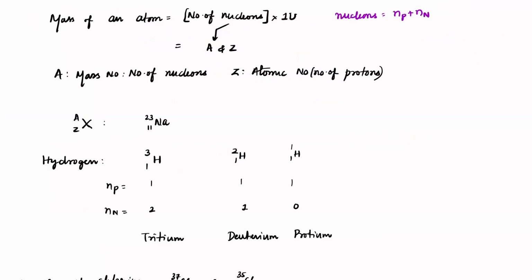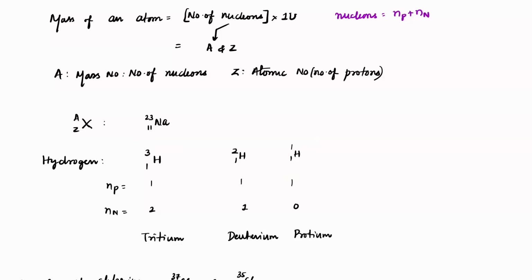Check out. This is a typical notation for an element. We always write A here and Z here. A is the mass number, Z is the atomic number. And when it comes to hydrogen, the atomic number is the same, but the mass number is changing. So these three species of hydrogen are what we call isotopes.